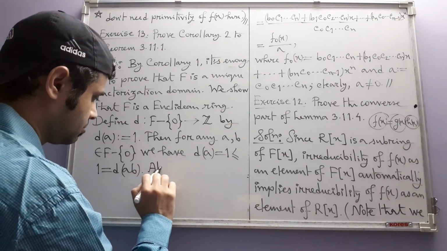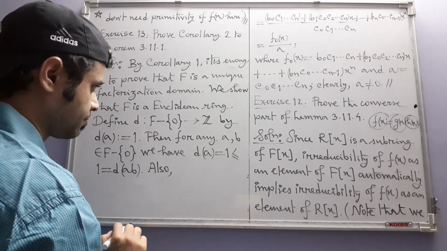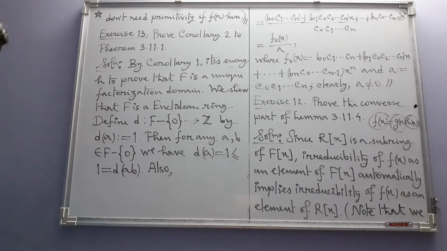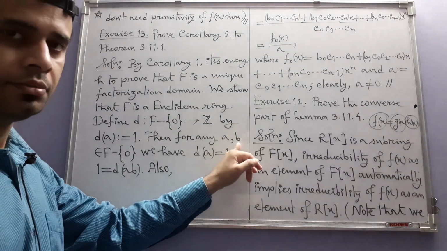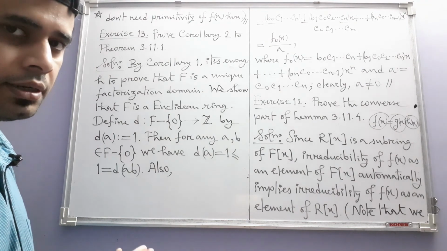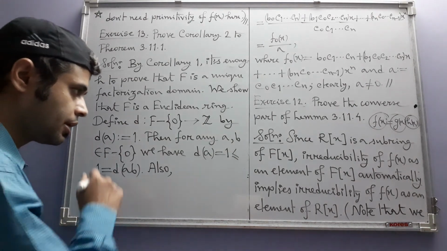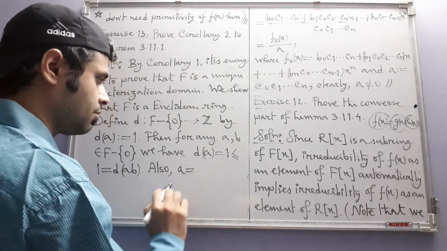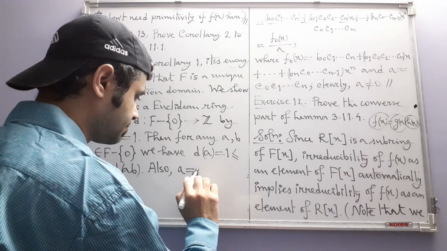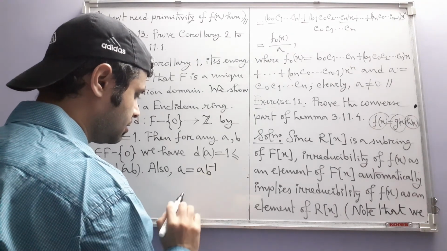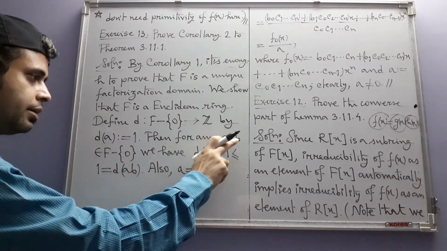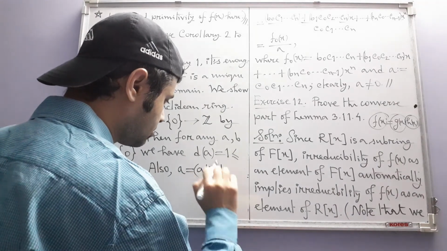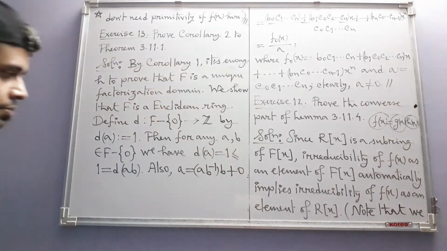Also, we have to be able to divide a by b to get a quotient and a remainder, which in this case we can easily do. Divide a by b. Our quotient is ab inverse. Note that since we are in a field and b is non-zero, its multiplicative inverse exists, plus 0.